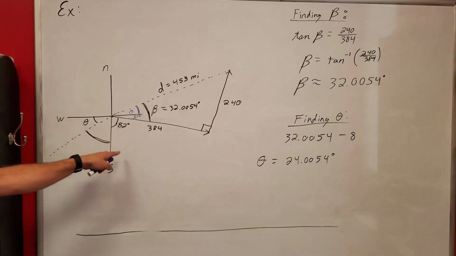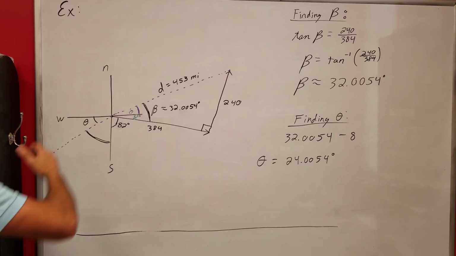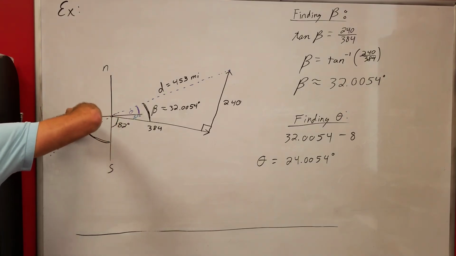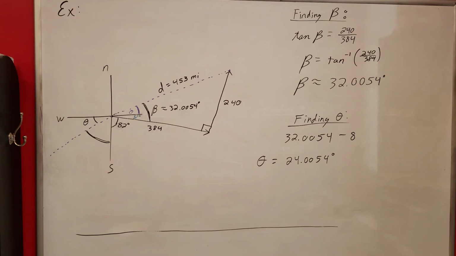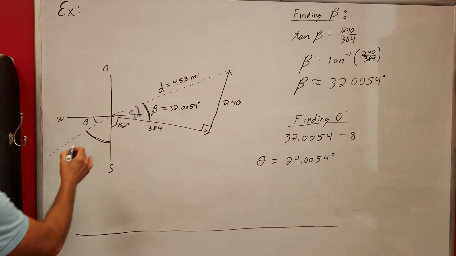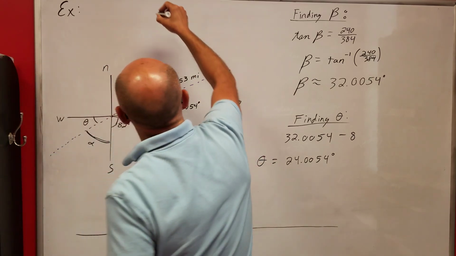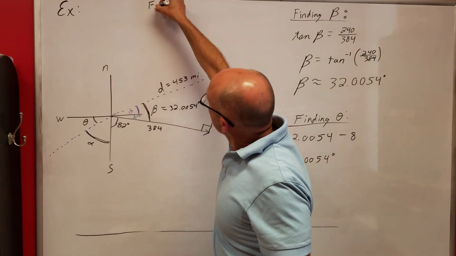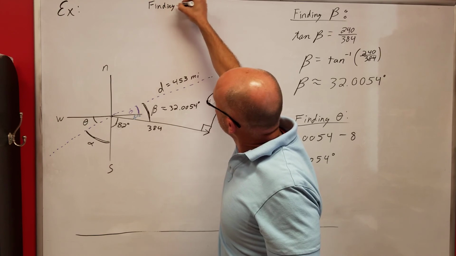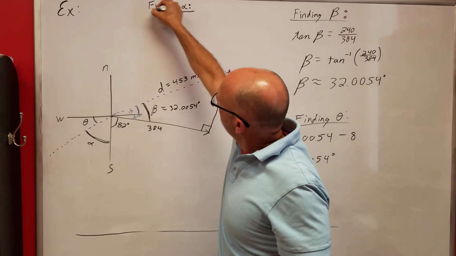So this whole thing right here is 90 degrees minus that theta. And what did I call that in the picture? I called that angle alpha. So I'm going to be finding alpha now.